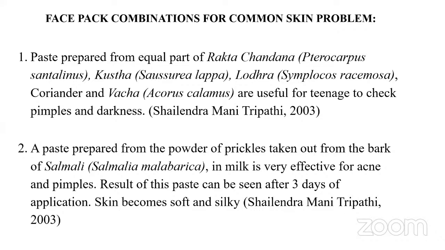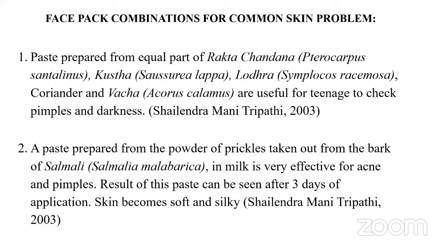You can mix these products in equal quantity and use them to check pimples and dark pigmentation. To avoid it and even to cure it, we can use this herbal combination.